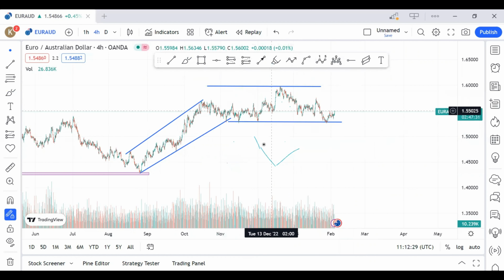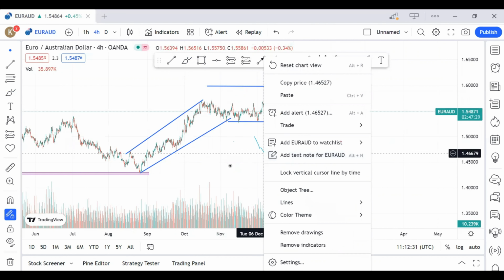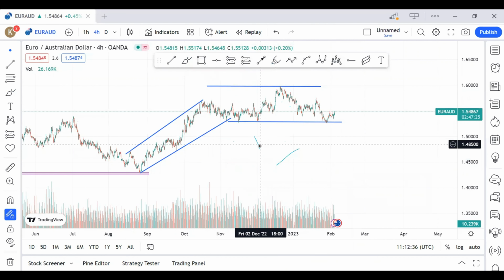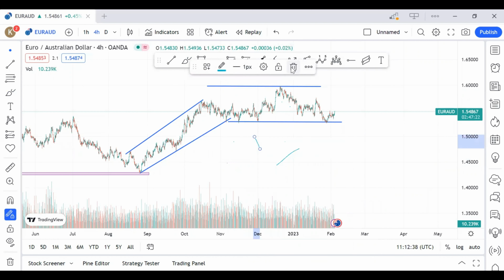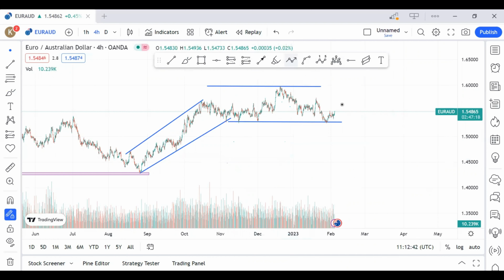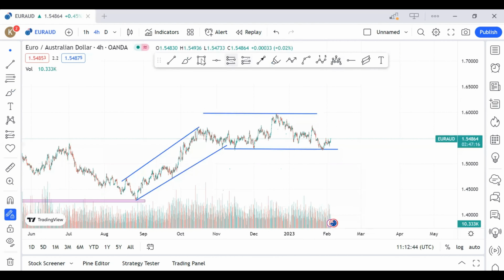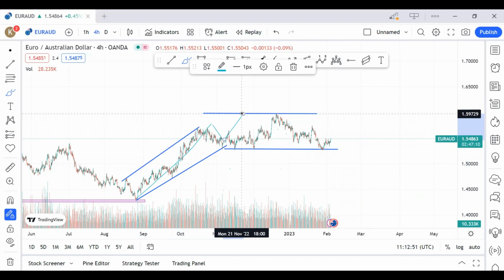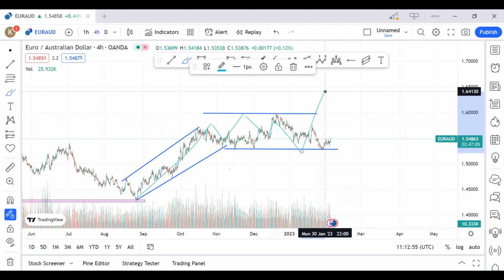Using this analyzed structure, let me show you what a proper flag looks like. Okay, so a flag looks like this: flag, correction, then break to the upside.